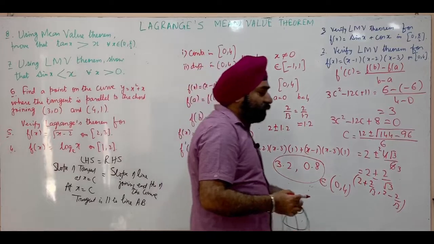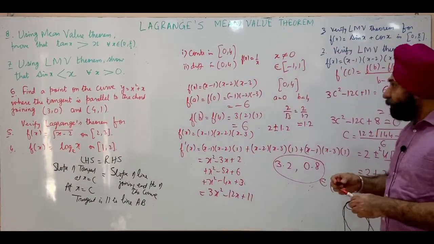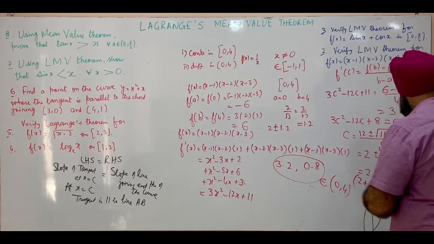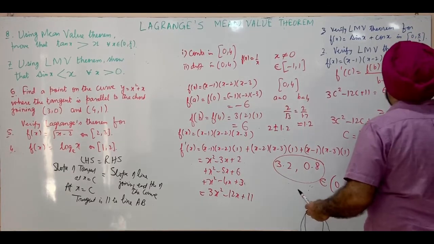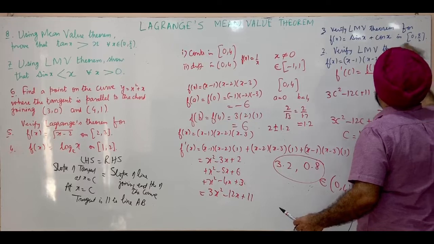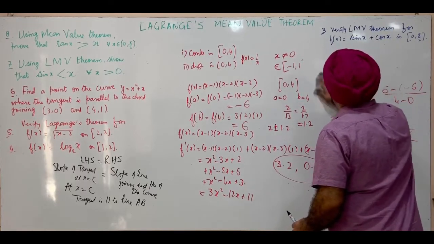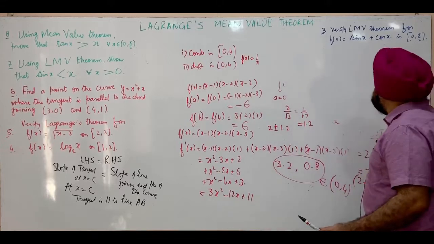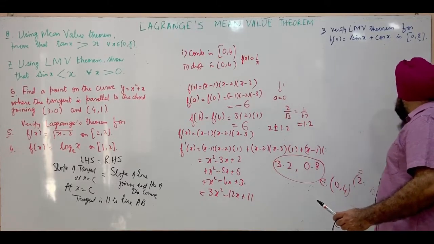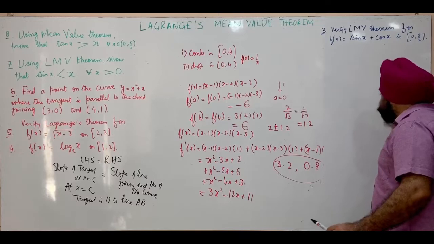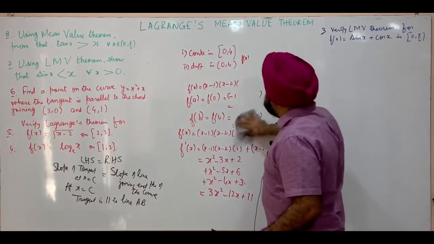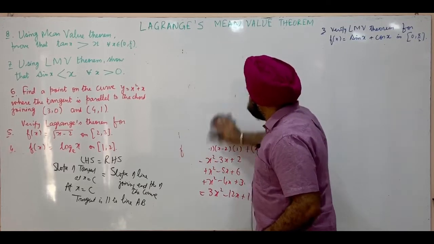Next, we have to verify Lagrange's theorem for the function f of x equal to sine of x plus cos of x in the interval 0 to pi by 2, that is in the first quadrant. So what is f of x here? We will write it as the sum of sin x and cos x. And what do we know about sin x? Sin x is continuous everywhere, in particular in the first quadrant.